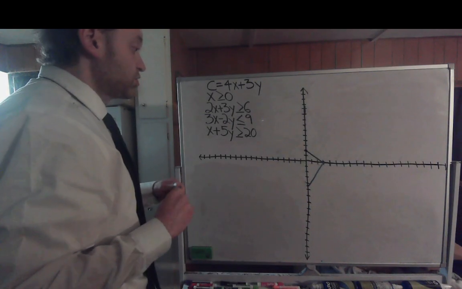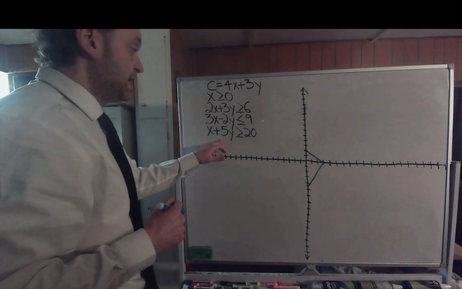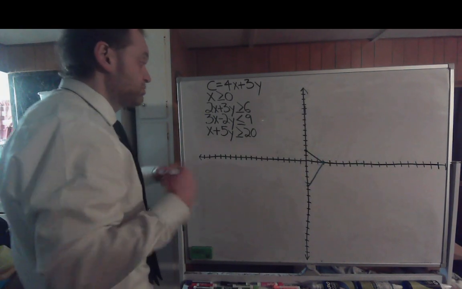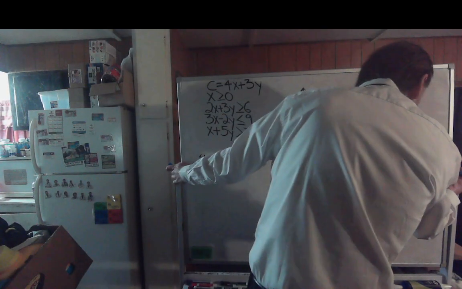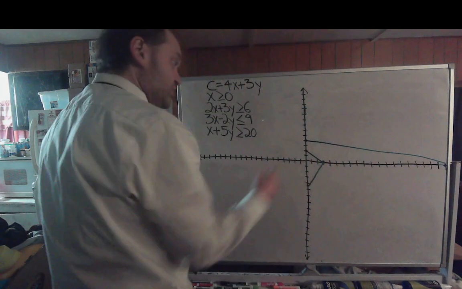And then you're going to end up having x plus 5y is greater than or equal to 20. Well, your x-intercept would be at 20, 0, which would be right here. Your y-intercept would be at 0, 4, which would be right here. And there's roughly your region.